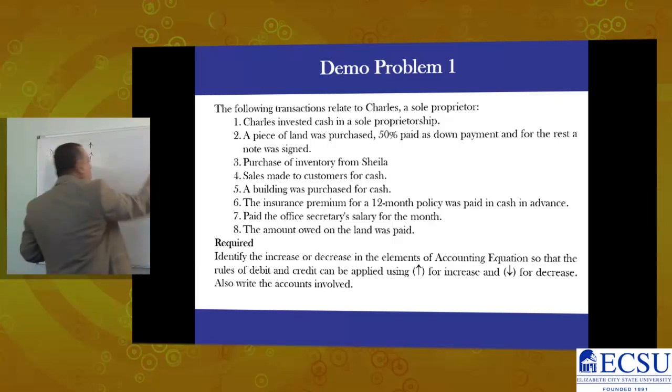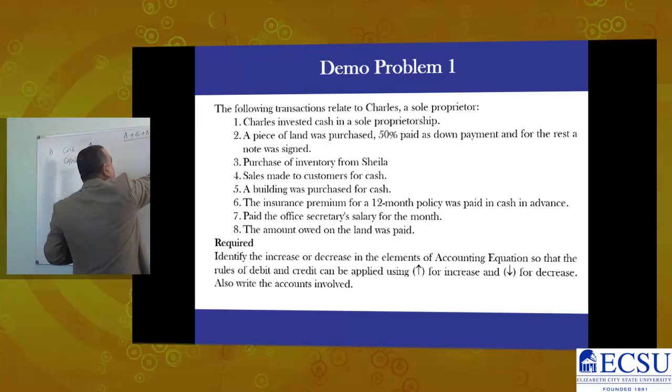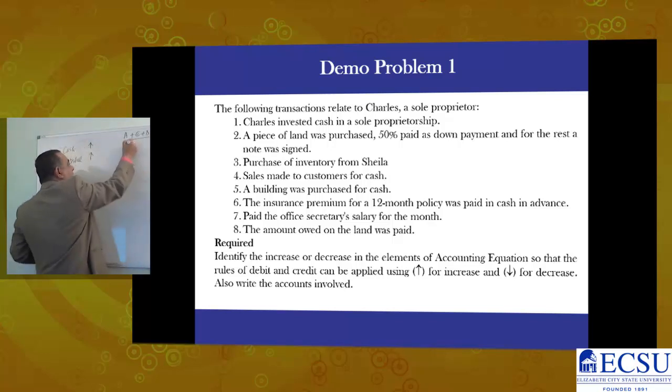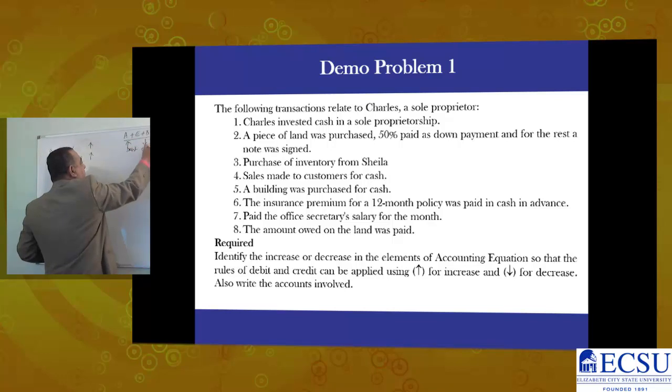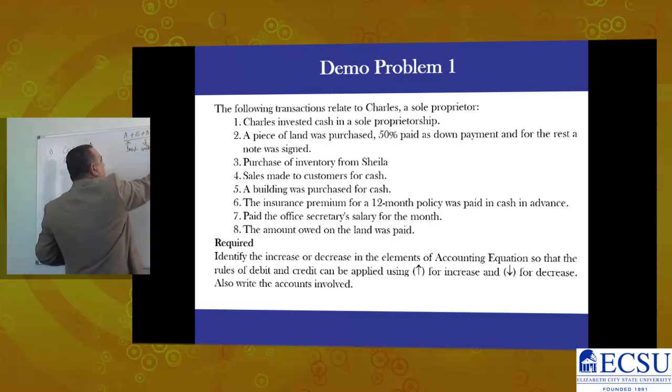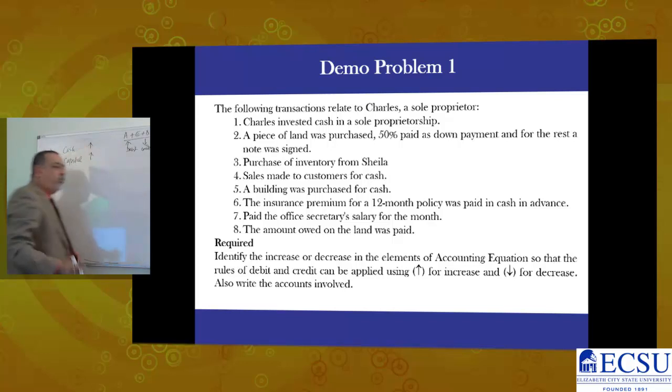Now, apply the rule of debit and credit. Remember the rule of debit and credit is asset plus expense plus dividend is one set, equal to liability plus owner's equity plus revenue is another set. Increase in this is debit, decrease is credit, and other way around, increase is credit and decrease is a debit.